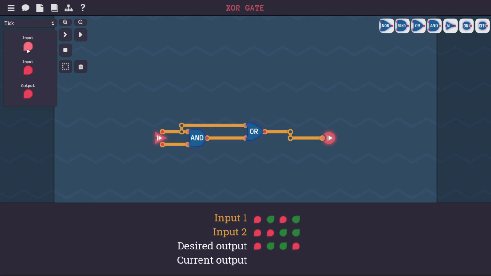If the first signal is on, then the output should be on. And if they are inverted, the second one is on, we are supposed to still get an on.